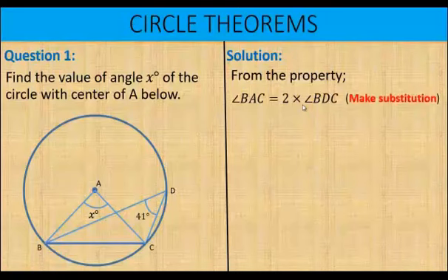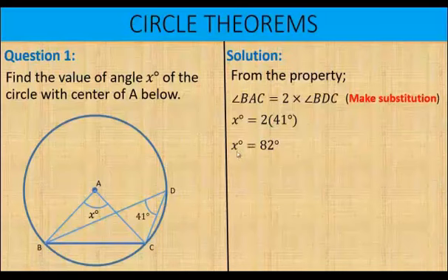So we substitute the value for angle BDC, which is 41 degrees, into the equation above, and we get S degrees is equal to 2 times 41 degrees, and at the end S degrees is equal to 82 degrees. Therefore, S degrees is equal to 82 degrees, and that is our final answer. That is what the question demands. Let's move on to the next question.